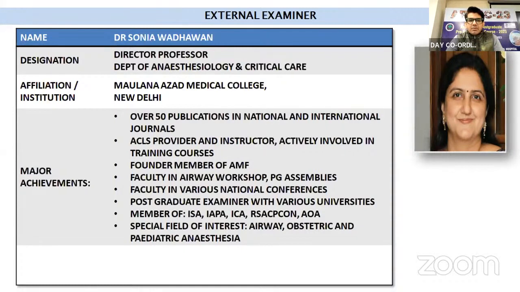She's the founder member of Airway Management Foundation. She's faculty in airway workshops and PG assemblies and in various national conferences. She's a postgraduate examiner with various universities and is a member of ISA, IPA, ICA, RSAPCON, and Obstetric Society. And ma'am's areas of keen interest are airway, obstetric, and pediatric anesthesia. We welcome you, ma'am.